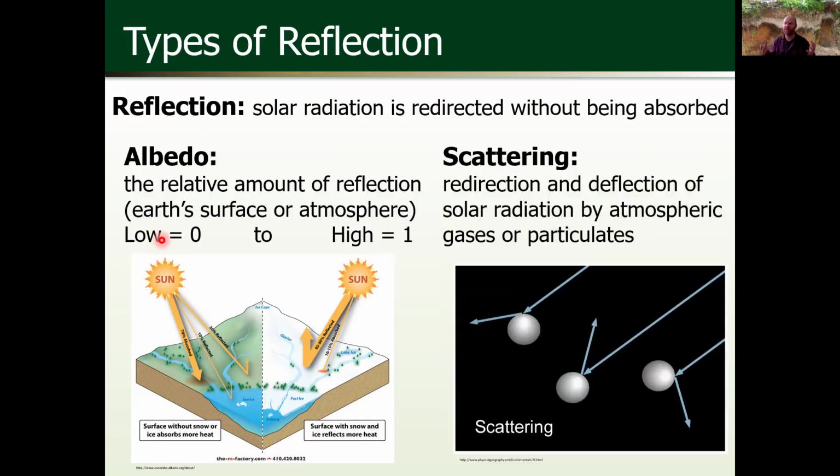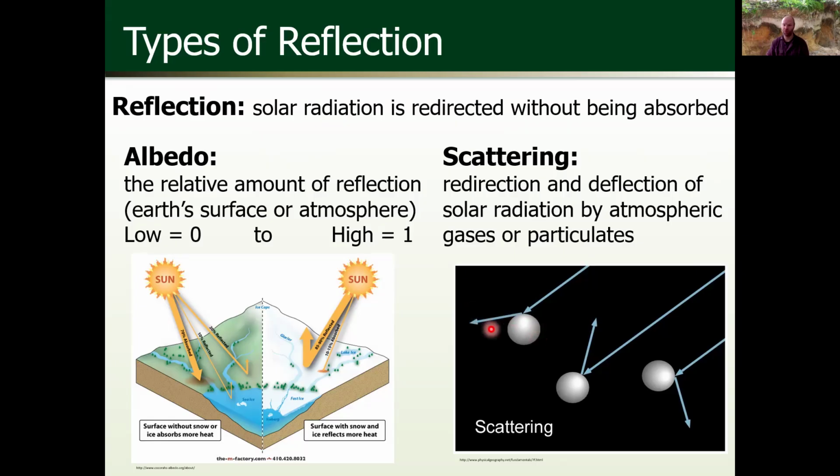So here, just this simplistic diagram to better understand scattering and reflection, redirection, and deflection of radiation by atmospheric gas or particulates within the atmosphere. As I mentioned a few times, if you have incoming radiation coming into Earth's surface, it can be reflected back the way that it came at a sharp, large angle, or it can be subtly redirected, and it could bounce and bounce and bounce.